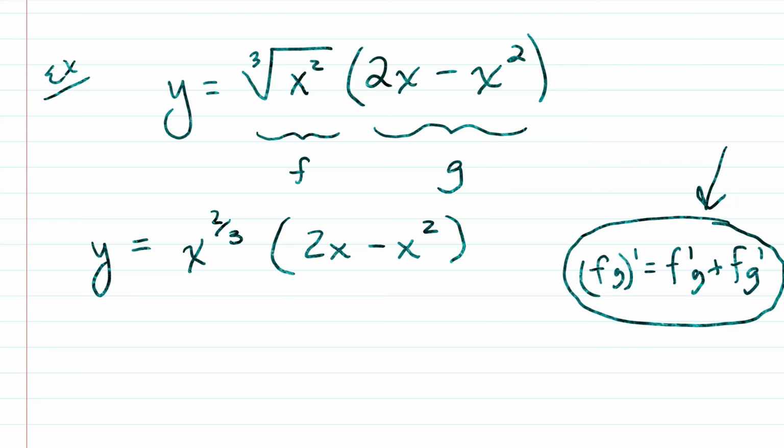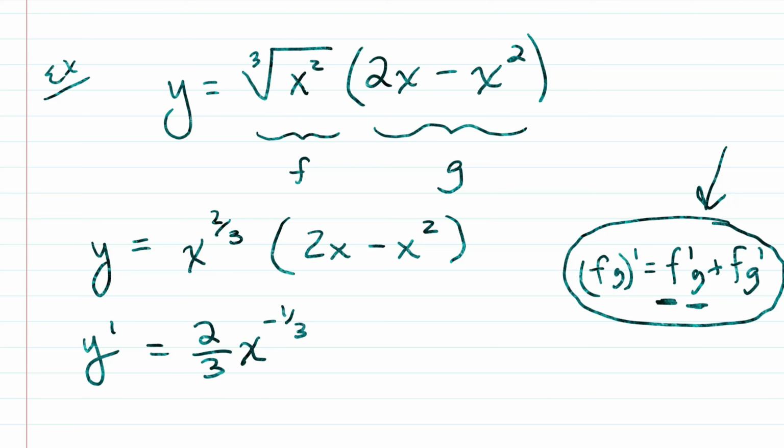So looking at the power rule, we would say y prime is equal to, power rule says to make this 2/3 go in front of the x, and then we're going to subtract 1 from 2/3. So 2/3 minus 1, 1 is written as 3/3. So we can say 2/3 minus 3/3. So that makes a negative 1/3. And then we've done that part.